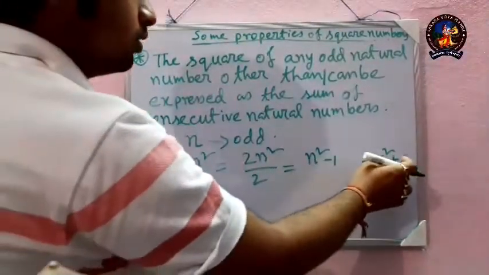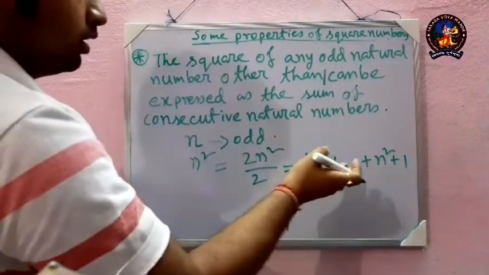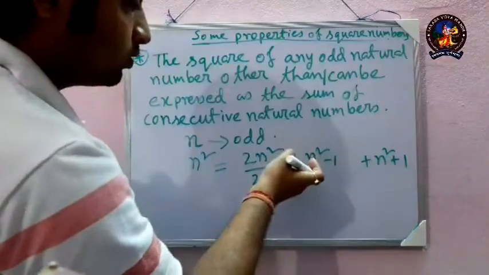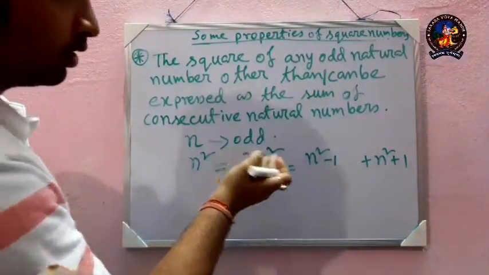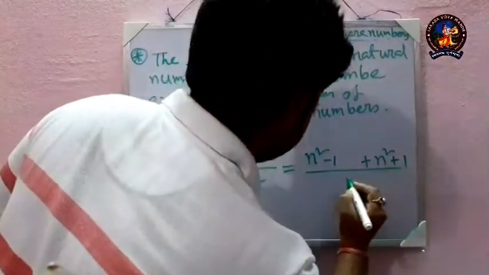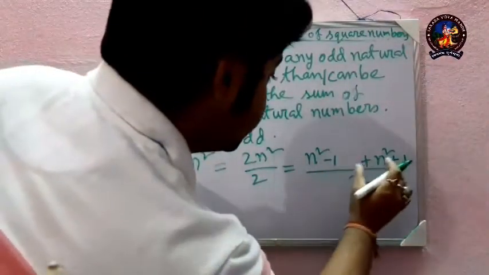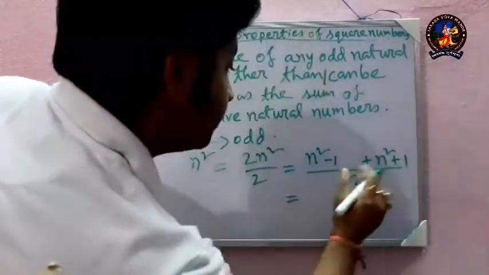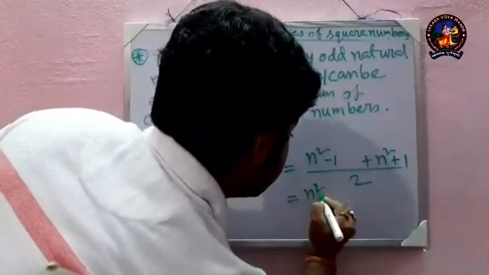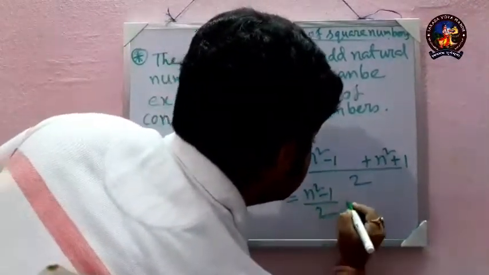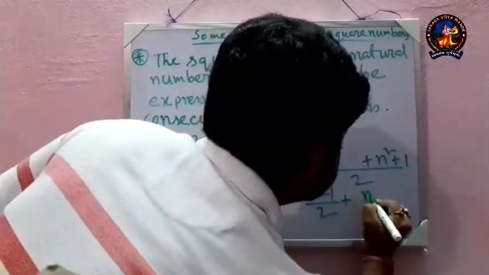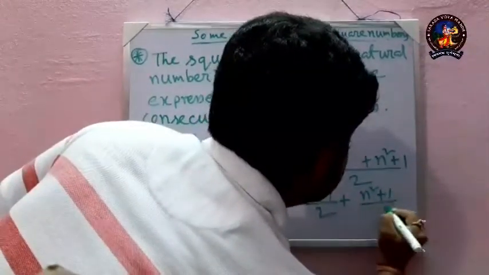This minus 1 and plus 1 will be cancelled out. So the ultimate result will be 2n square in the numerator, right? And the denominator here is 2. So let's break this as two different fractions: n square minus 1 by 2 plus n square plus 1 by 2.